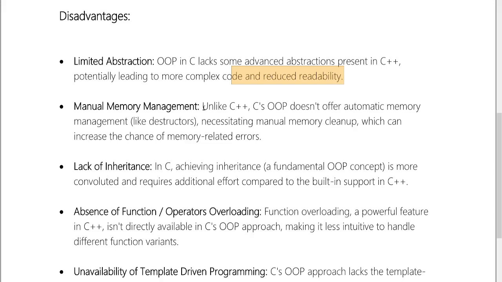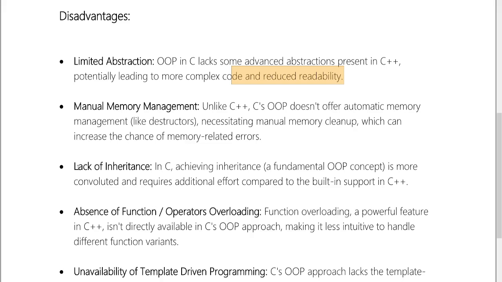You might forget to deallocate memory in your C programs. You do not have constructors for everything. You can create a constructor and destructor for a program, fine, but you cannot do it for each and every object that you create, and you might forget to deallocate memory.